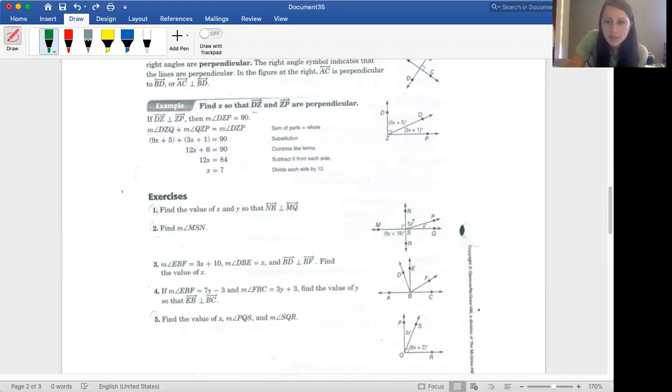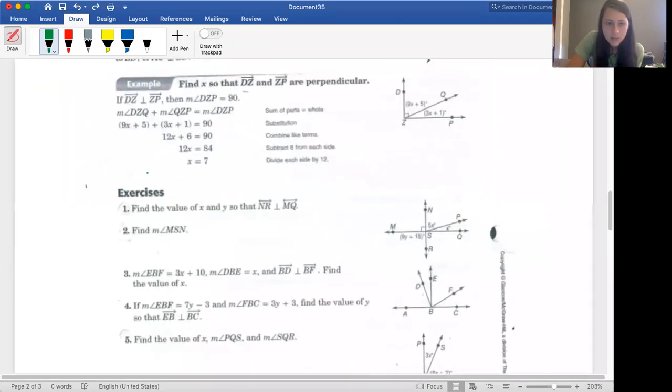Now we have given certain amounts, like a picture here, and this shows that these are perpendicular. If I have two lines that intersect and they create a perpendicular angle, that means all the other angles created are also perpendicular. So these are perpendicular, these are perpendicular, these are perpendicular. For example, here I have these two lines intersected.